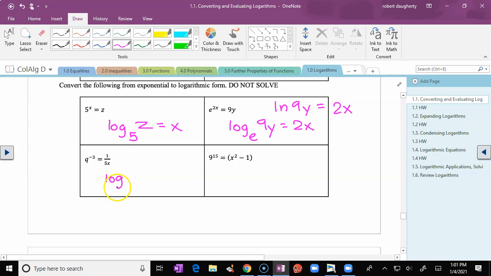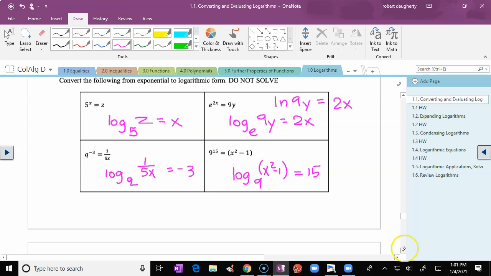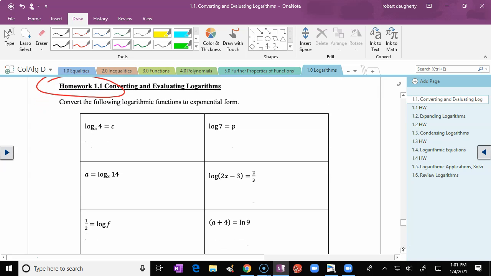Log base q. The exponent is negative 3. 1 over 5x. In this case, the base is 9. The exponent is 15. So the log base 9 of x squared minus 1 equal 15. And that leads you into the homework.